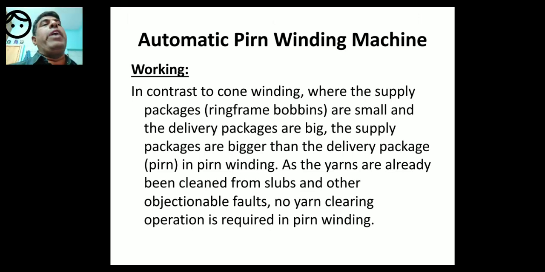In contrast to cone winding, I have explained this earlier also. In cone winding, auto coner or link coner, the supply packages, that means ring frame bobbins, are small and end products are big. But in pun winding, the supply packages are bigger than the end product.